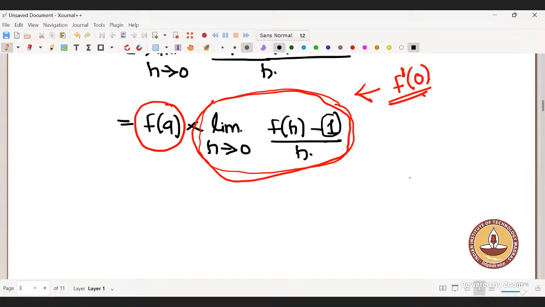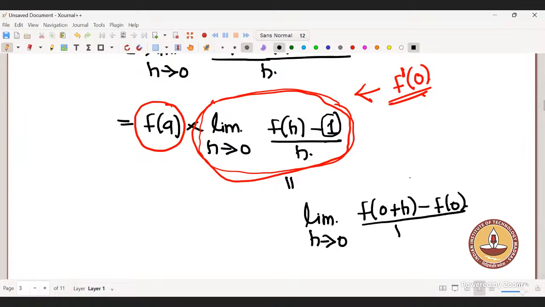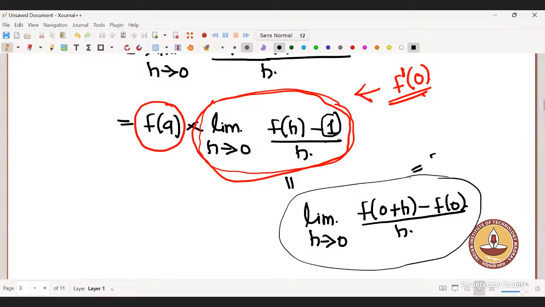So this you can write as limit h tends to 0 of f of h minus f of 0 by h. By definition, this is f dash of 0. Yes, this is f dash of 0.